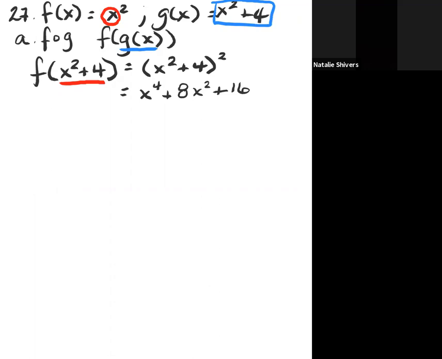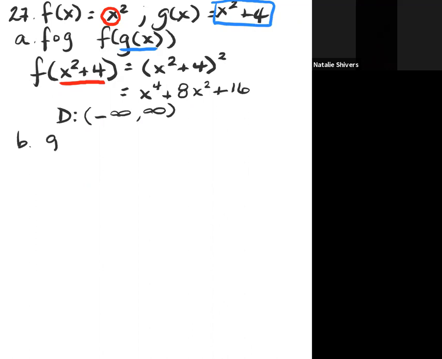Okay, one other catch is they're going to ask you for the domain. Okay, so the domain of a function to the 4th power is going to just be all real numbers. There isn't anything here that's going to cause any issues. Okay, we'll find the one that causes us an issue here in a little bit.